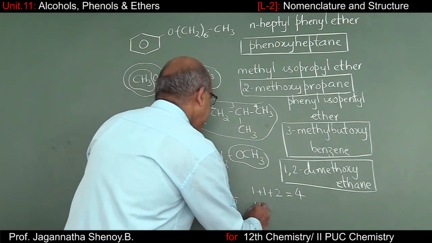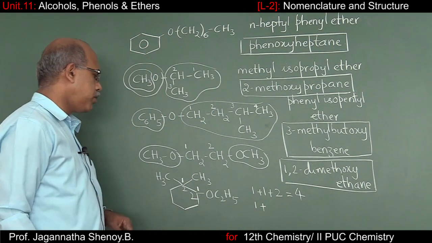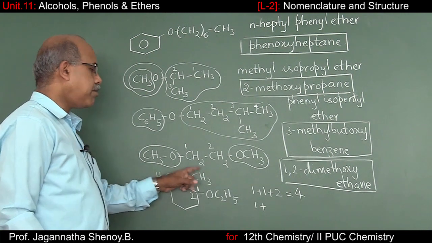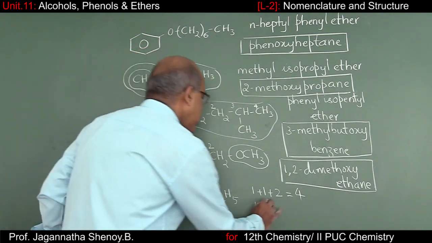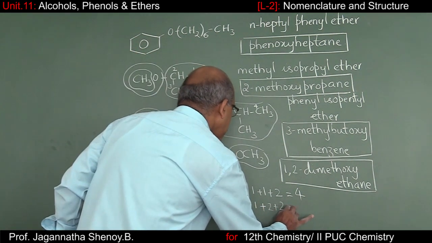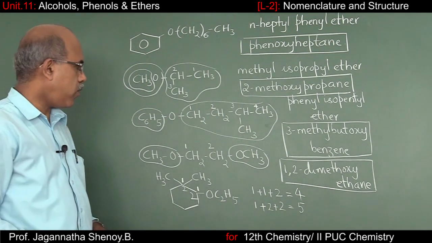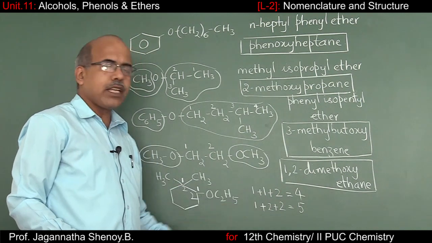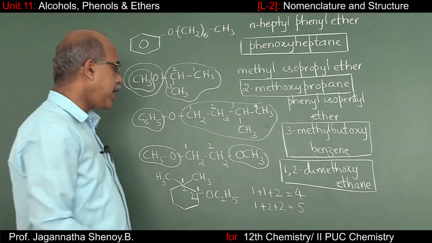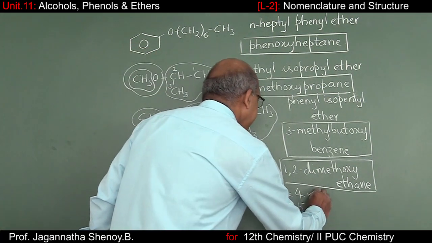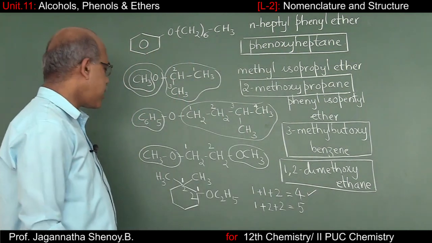On the first carbon atom, we have the ethoxy group. On the second carbon atom, I have 2 methyl groups. So it's 1 plus 2 plus 2, so it becomes 5. Right? So which one will give you the lowest sum of locants? The first one.